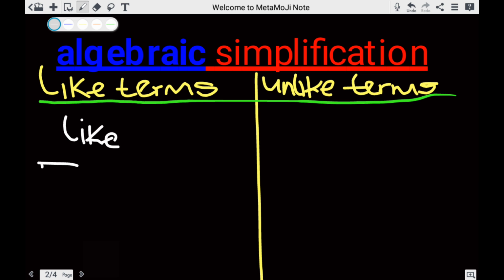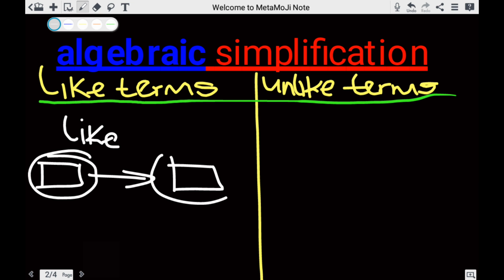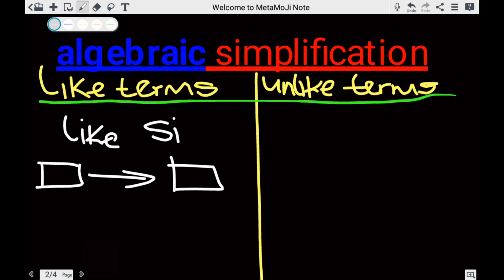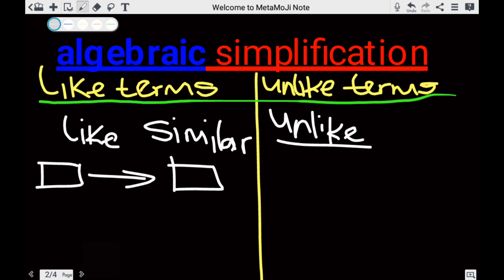This object is like this object here, that is, they resemble each other, they have some similarities. We can compare these two objects because they are really the same. So like is something similar. What is unlike? Unlike means they do not resemble each other, so they have no similarity.